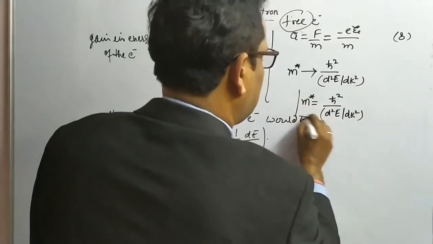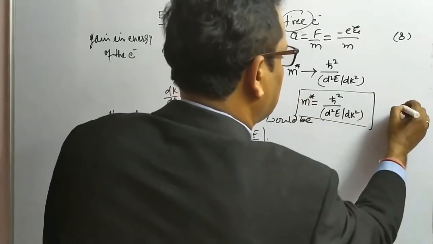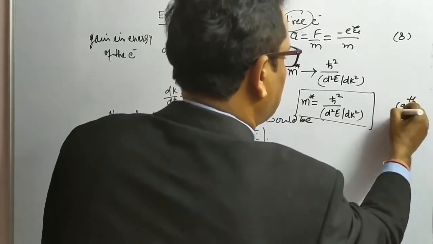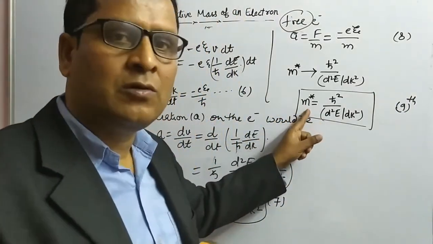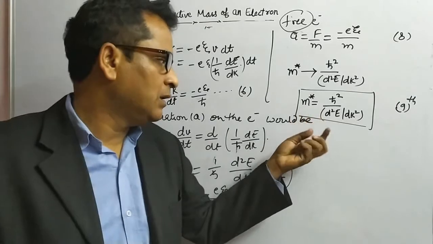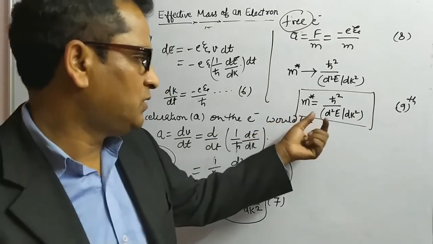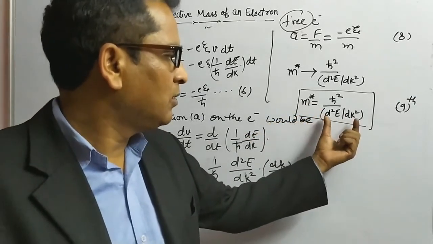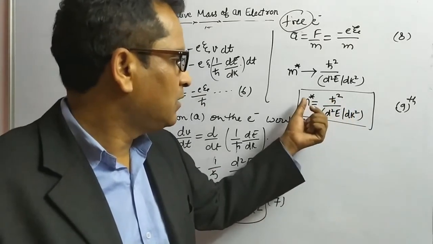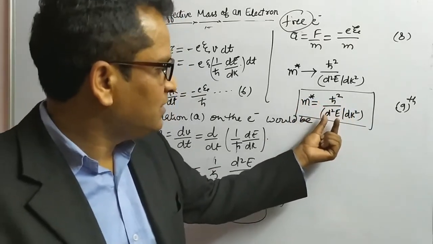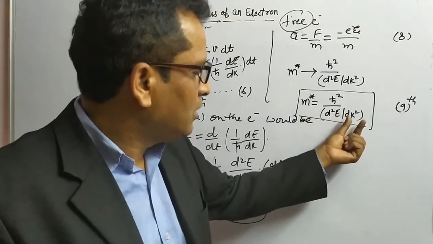Clearly, the effective mass of an electron in a periodic potential is not constant, but it depends on d2E upon dk square. h bar is constant obviously, but the effective mass is not constant, it depends on d2E upon dk2.